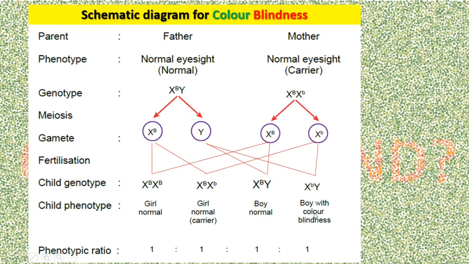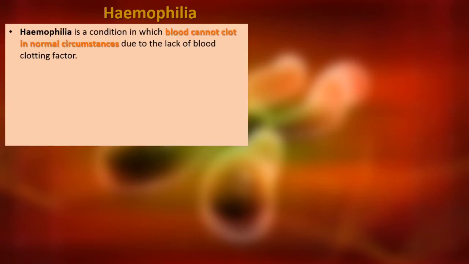So hemophilia is another example of the sex-linked inheritance. Hemophilia is a condition which blood cannot clot in normal circumstances due to the lack of blood clotting factor. This can result in excessive internal or external bleeding, which may be fatal.